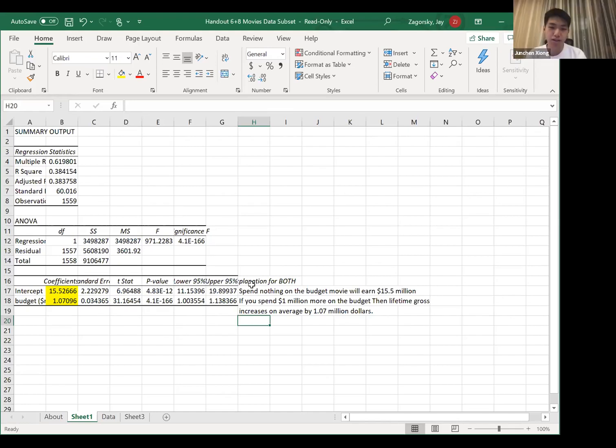So it's 1.07, right? If you spend 10 million more as a producer, you're going to get 10 times 1.07, which is 10,070,000. That sounds like you're going to make an extra 70,000, right?